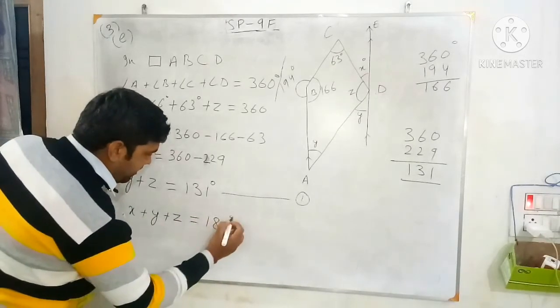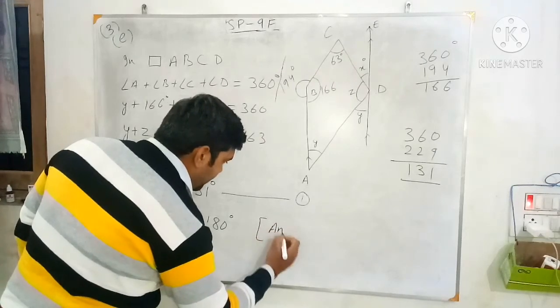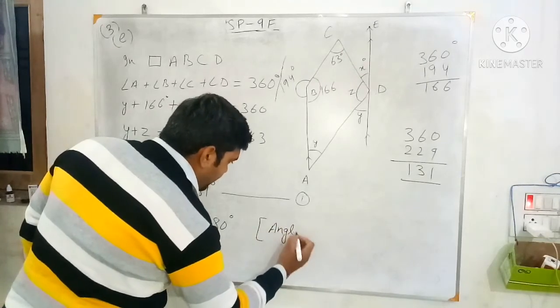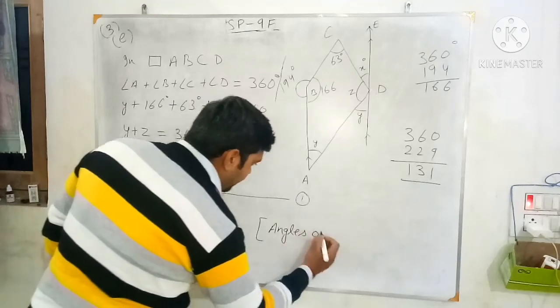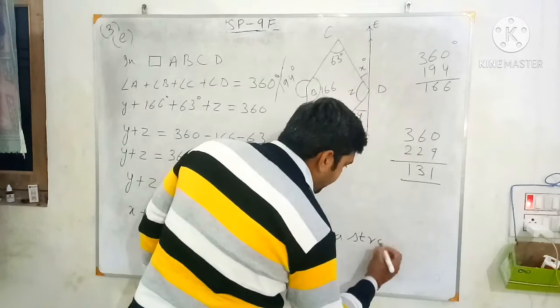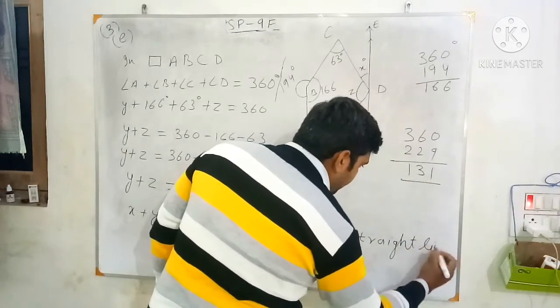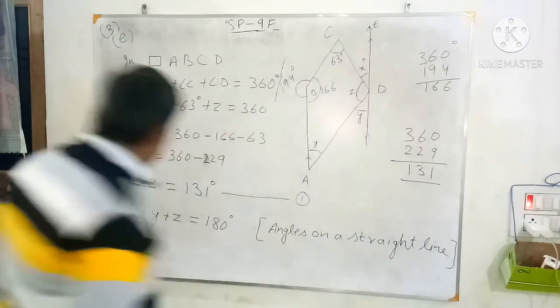Reason: angles on a straight line. So the sum of the angles on a straight line is supplementary. So that's why their sum is 180 degree.